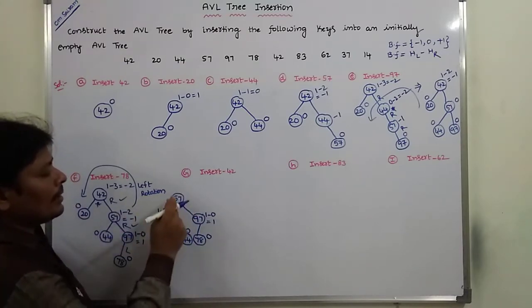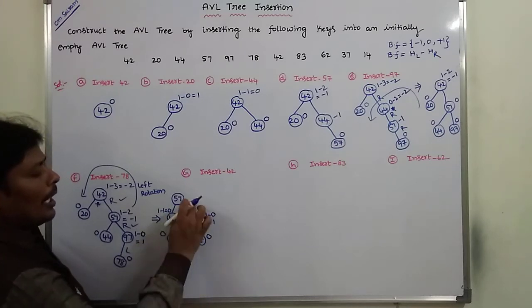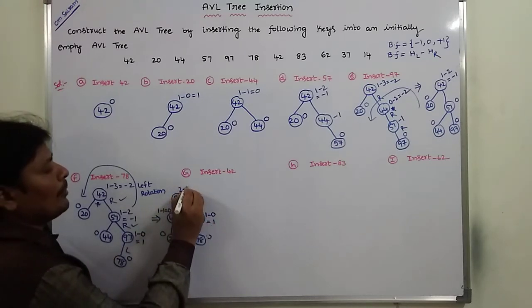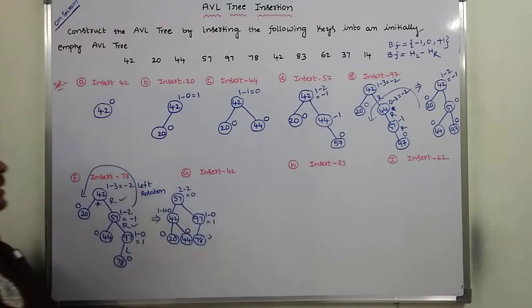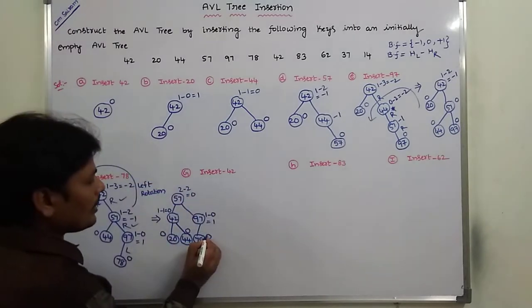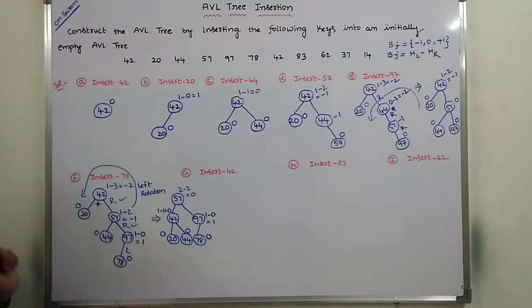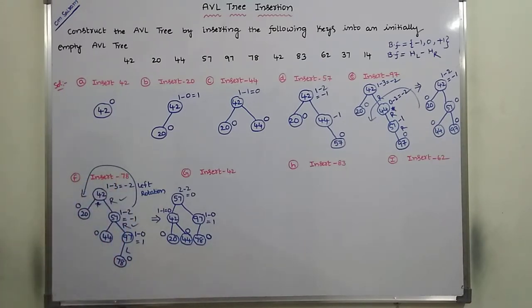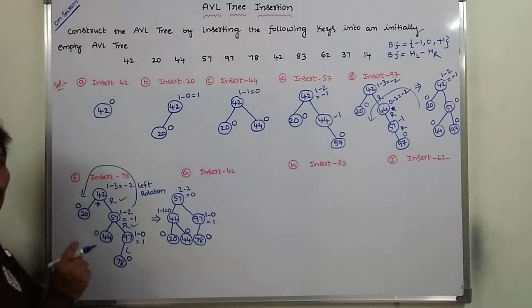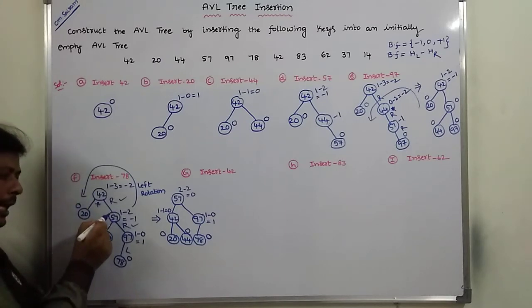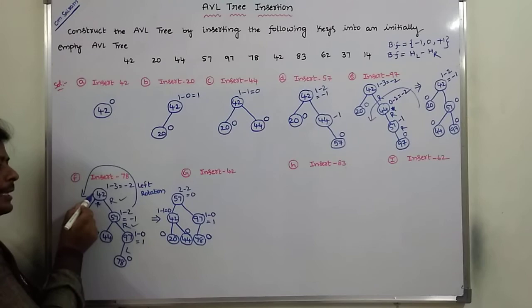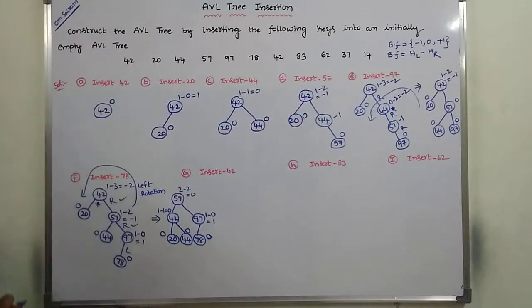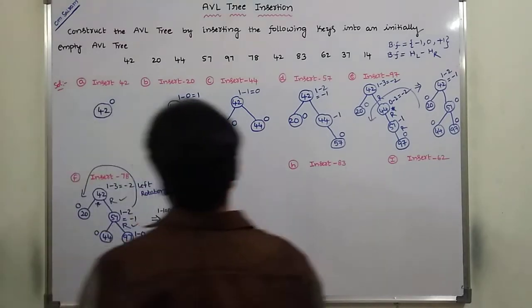Next, for 57, height of left subtree is 2, height of right subtree is 2. 2 minus 2 is equal to 0. Now this is the tree we are getting after inserting key value 78. So here we have to keep in mind that whenever 57 goes up, 57's left child goes to 42's right child. That is the point we have to keep in mind.